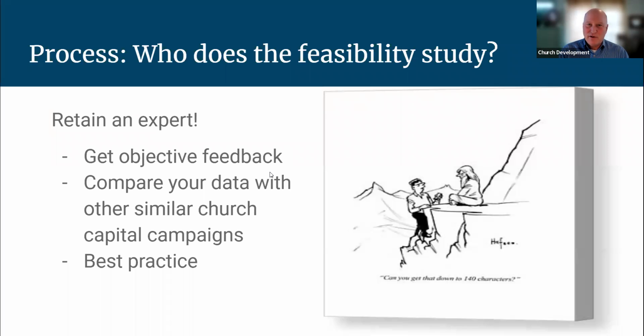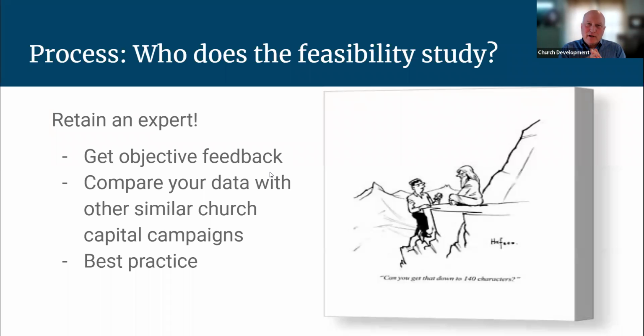And once you've got 10 or 20 or 30 years experience, you can pretty well accurately forecast what will happen. Now we compare your data to other similar churches, and that is kind of a statistical basis for our projections.